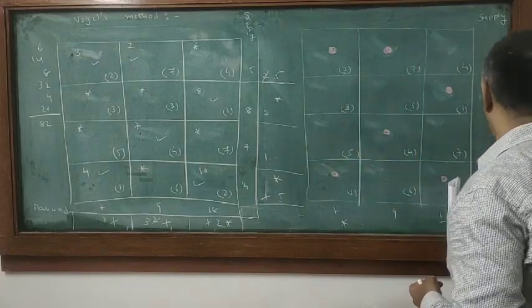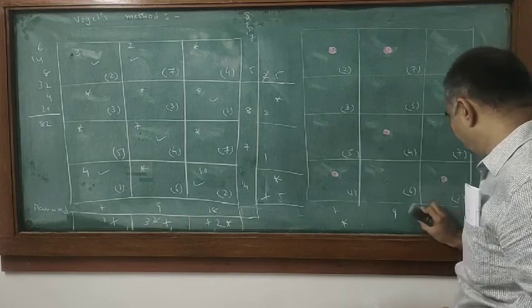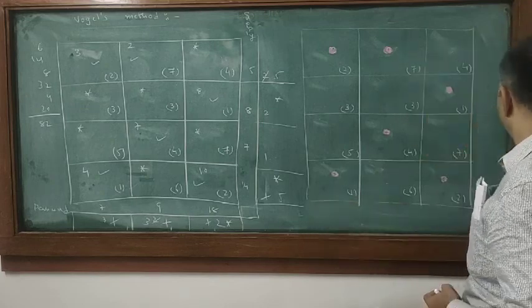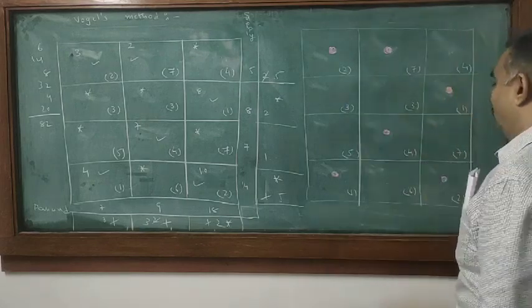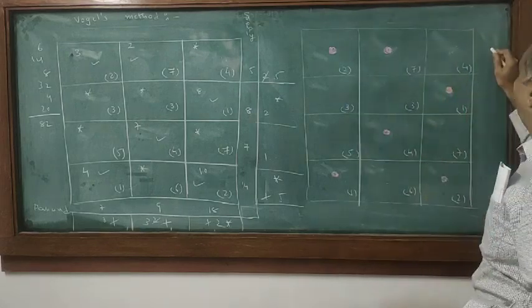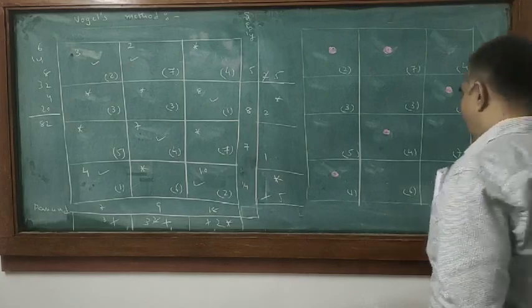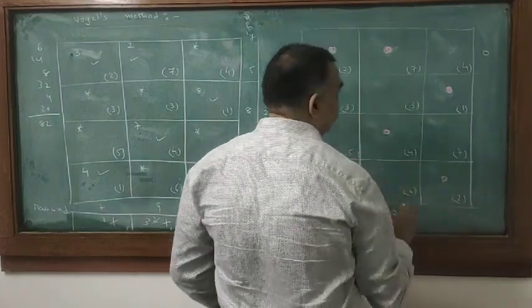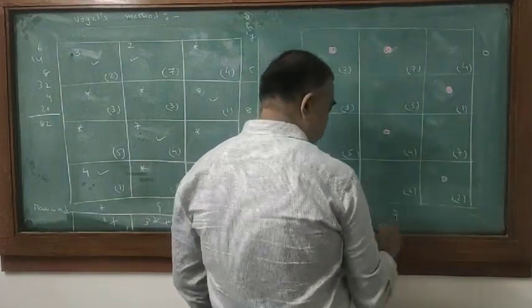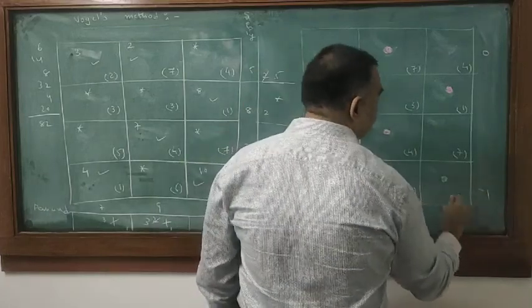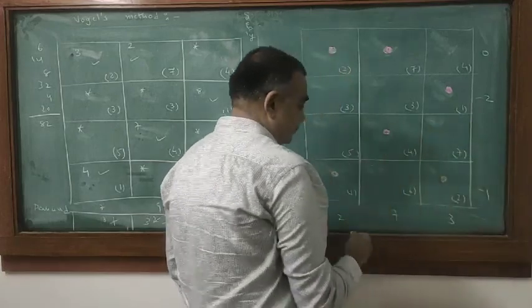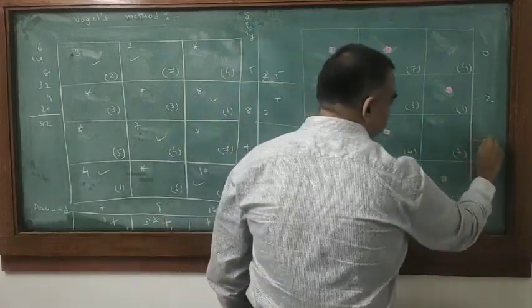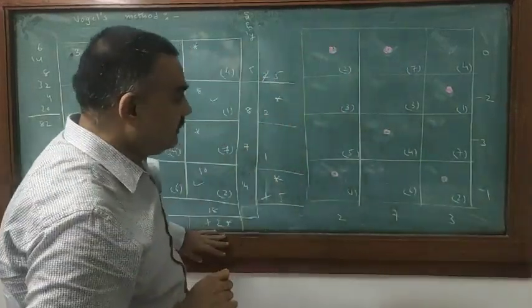Now we have to calculate Ui and Vj. So if I choose 0 here, it will be 7. It will be 2. It is minus 1. It is 3. It is minus 2. Minus 3. I think it is 1.